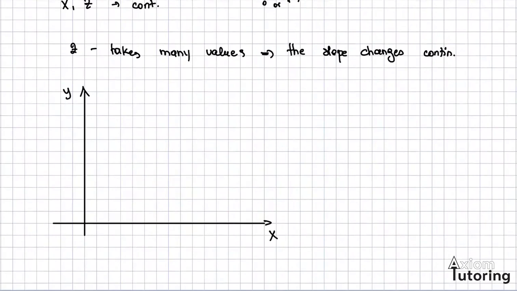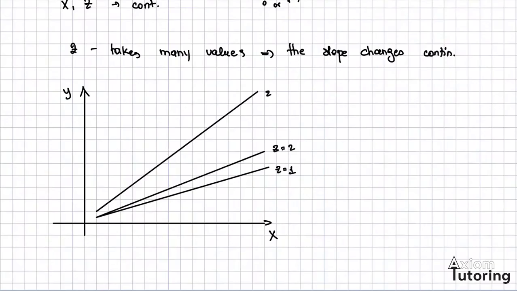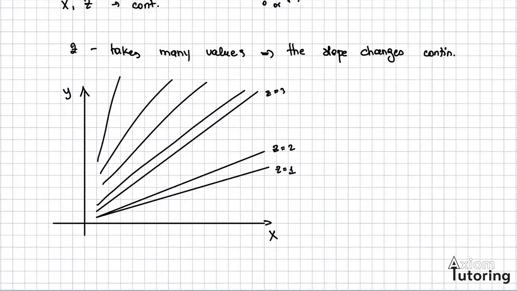Now, you're going to have this line for Z, let's say equal to 1, and then another one which is Z equals 2, and another one which is Z equals 3, and you keep on adding a lot of those, each one steeper than the other.